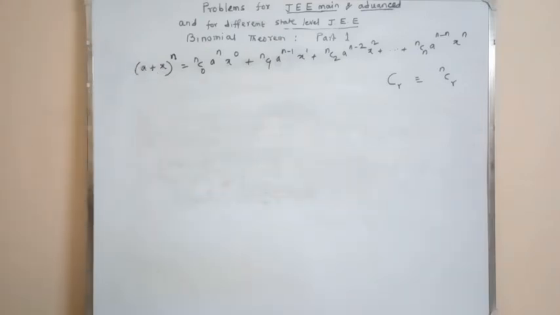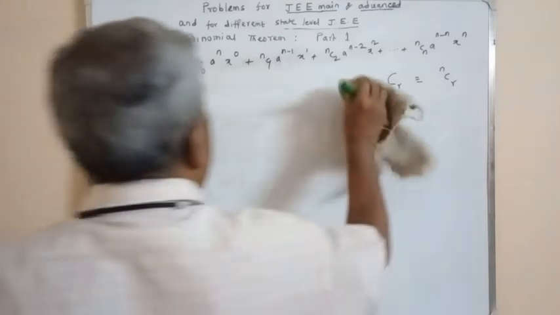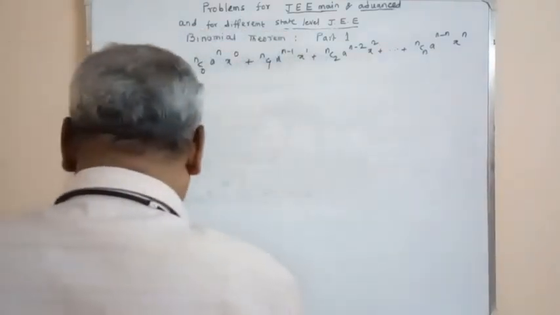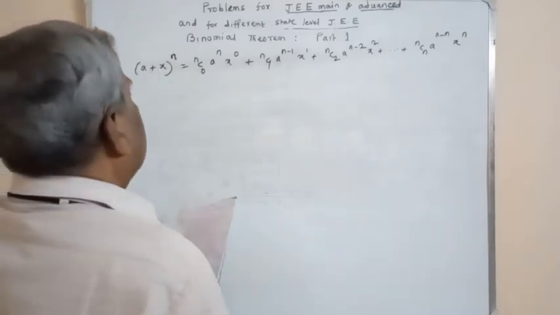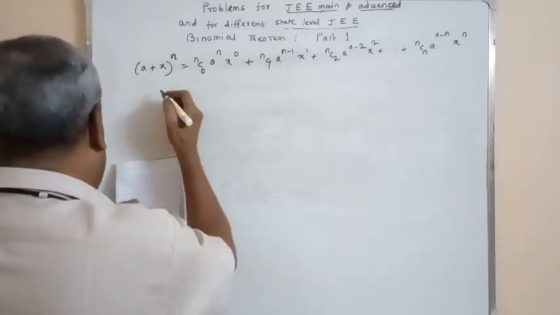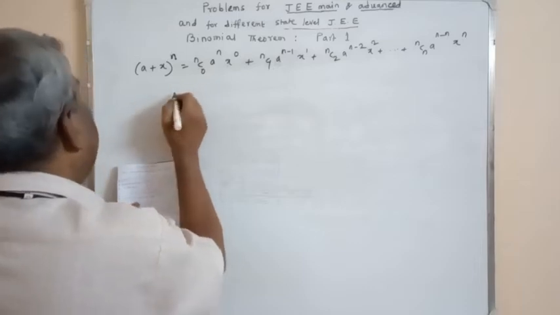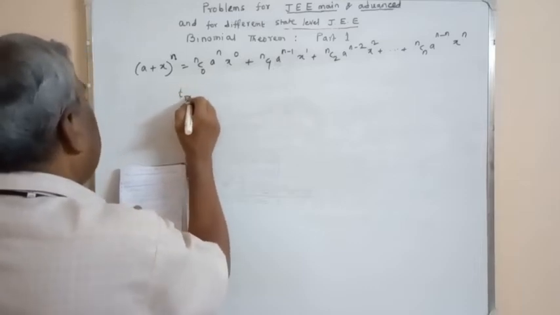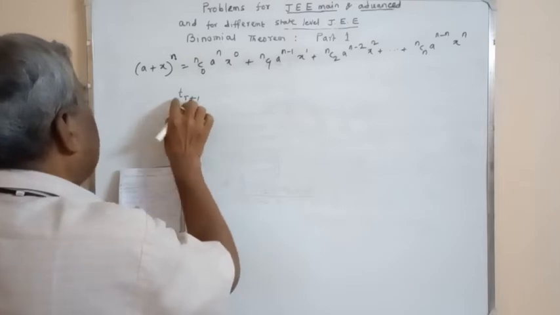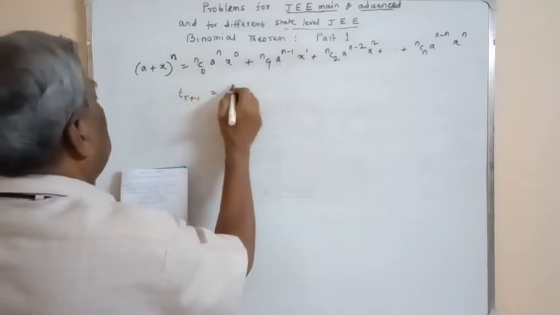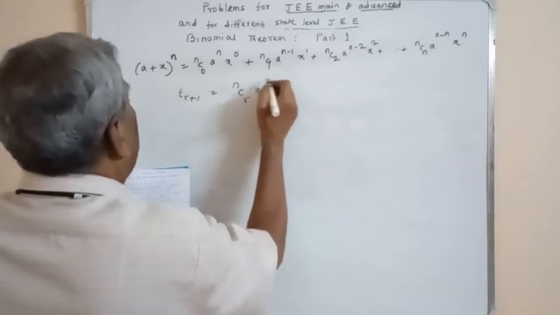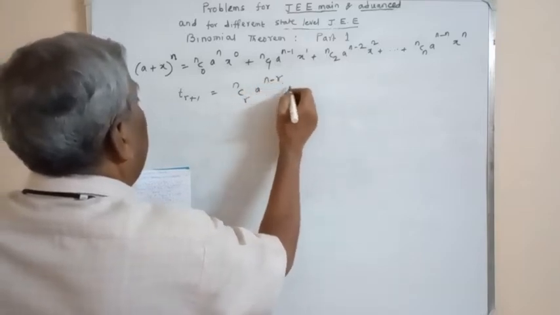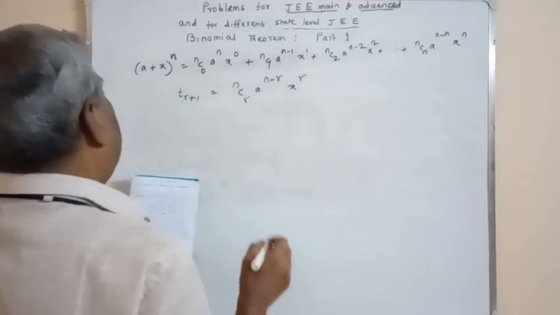Next. The general term is normally known as T(r+1). That is, the (r+1)th term is equal to nCr a^(n-r) x^r.